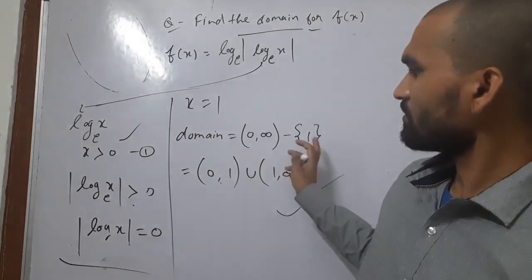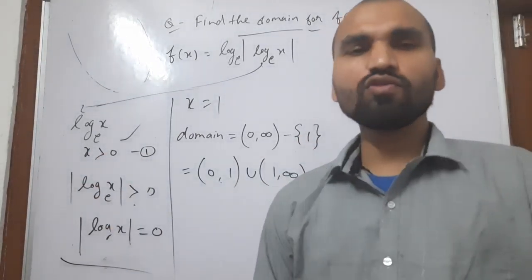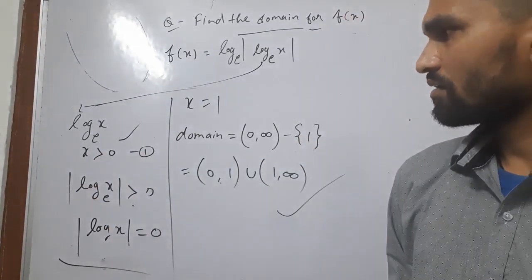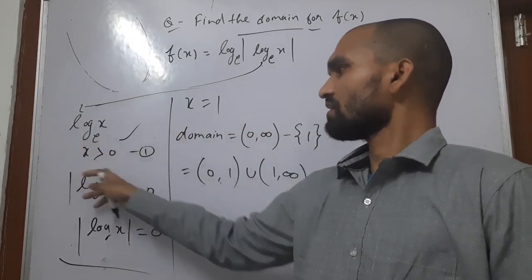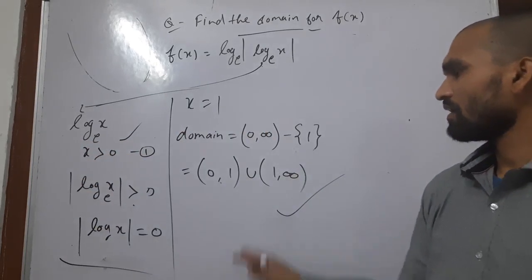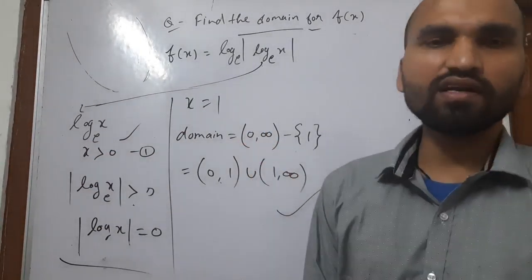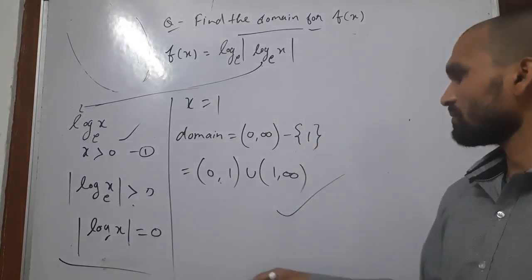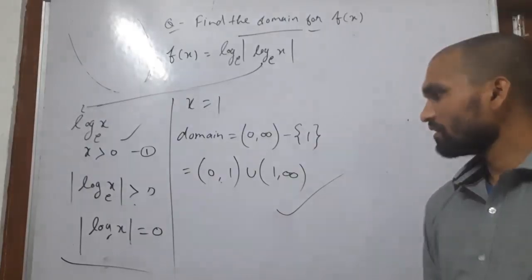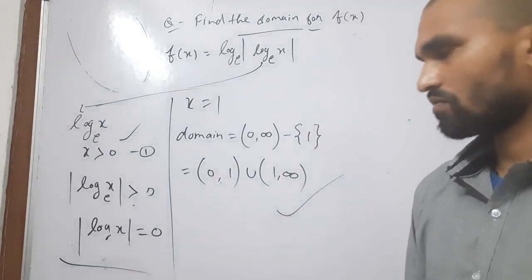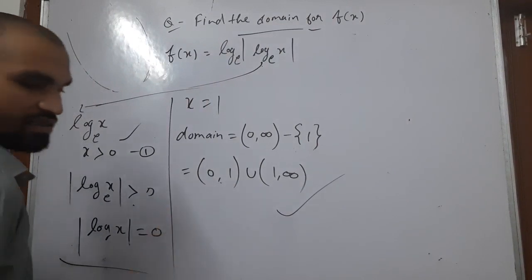So we should remove x equal to 1 from the domain, that is, remove 1 from x greater than 0. What is x greater than 0? It means the open interval 0 to infinity. After removing 1, we get the open intervals 0 to 1 union 1 to infinity. Okay, so this is our answer.